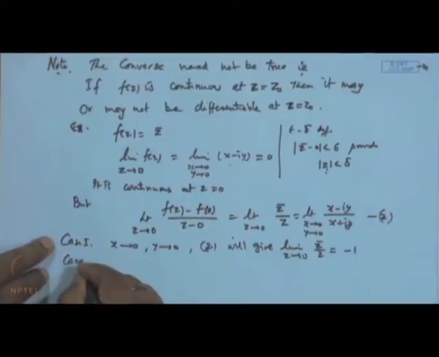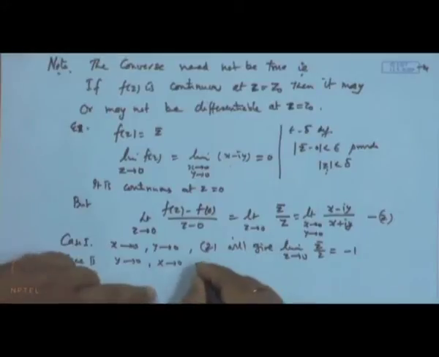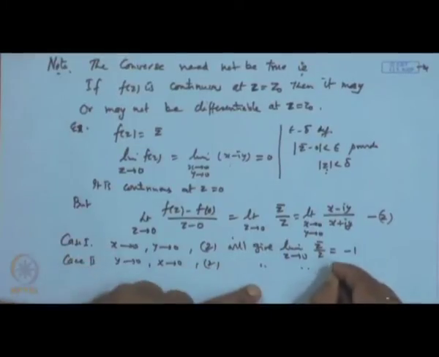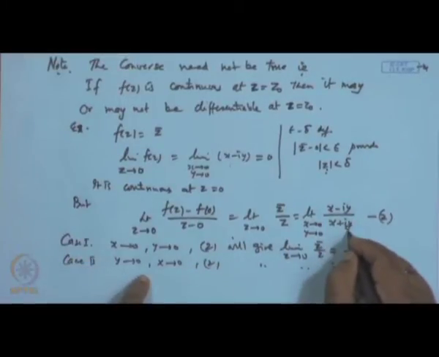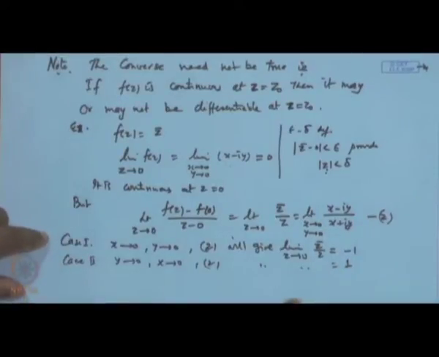Case 2: if y tends to 0 first and later x tends to 0, it is x over x, so the limit will be 1.